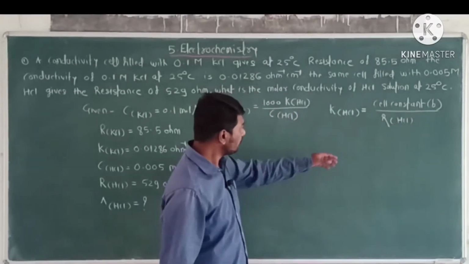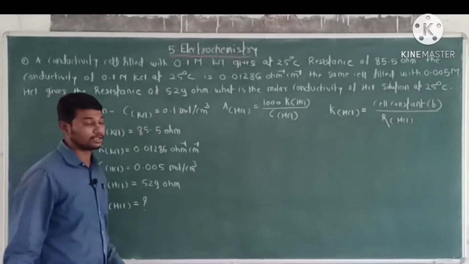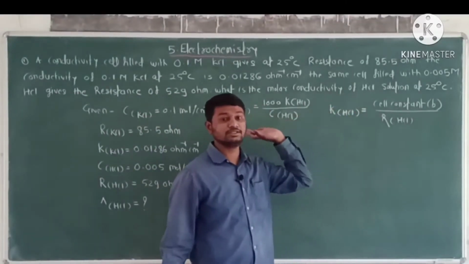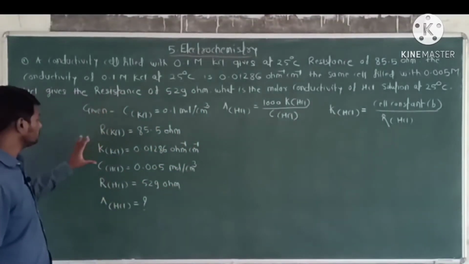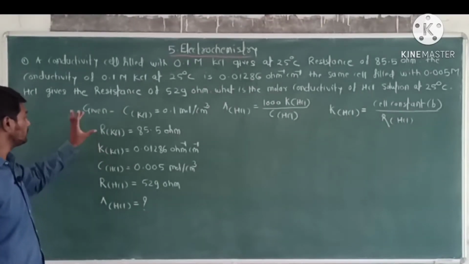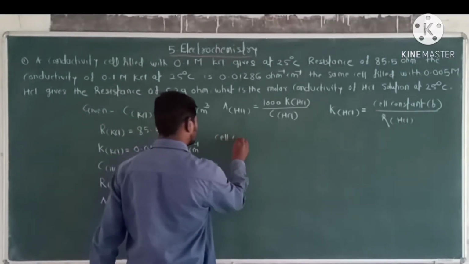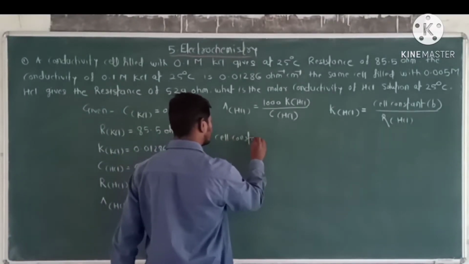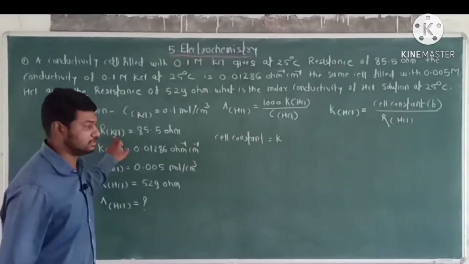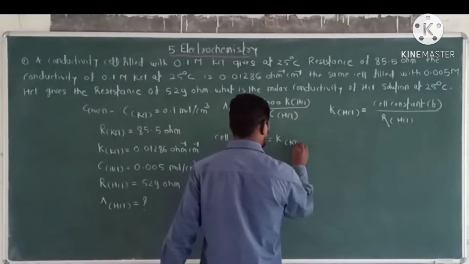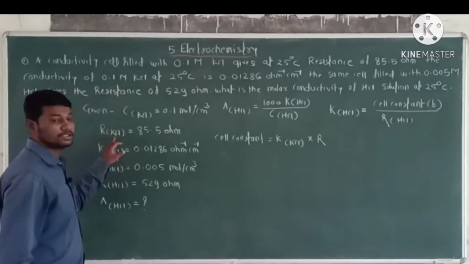Now the resistance of the HCl solution is given in this numerical, but the cell constant is not given. So first of all, calculate the cell constant by using the conductivity of KCl and resistance of KCl. Cell constant is equal to conductivity of KCl into resistance of KCl.